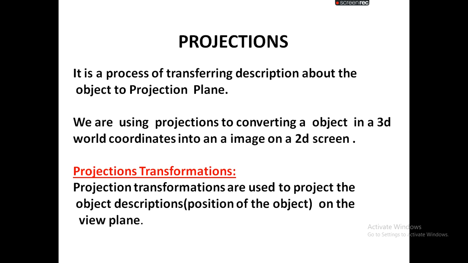When you project a given object on the projection plane, we are able to display that image on the screen of the monitor. As I have written here clearly, projection is a process of transferring the description of the object to the projection plane. So we are using the projection concept for this purpose.